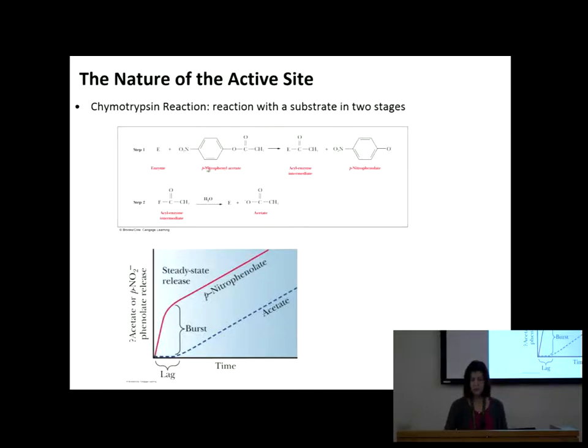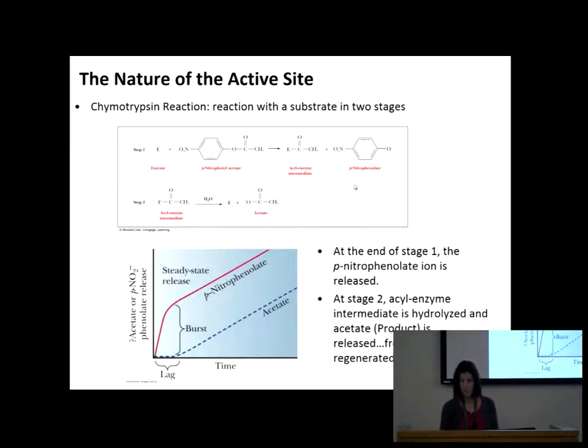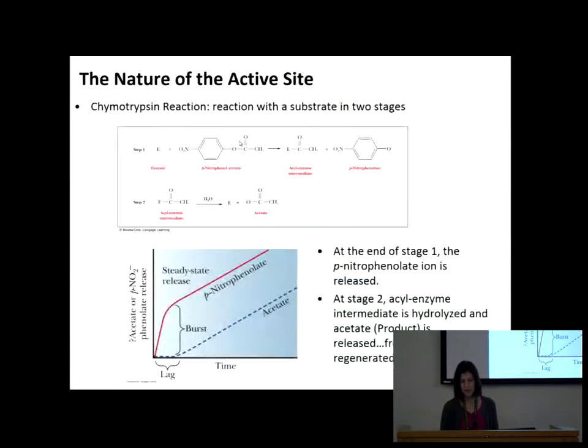We use p-nitrophenylacetate as a model because it's easily followed by spectrophotometry. I think one of them is colored and one of them is not. I'm not quite sure. But what they realized, so they used this as a model because we have an ester bond and we have something that's hydrophobic here.